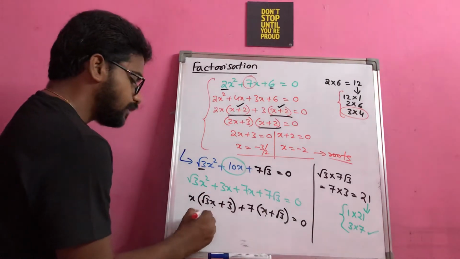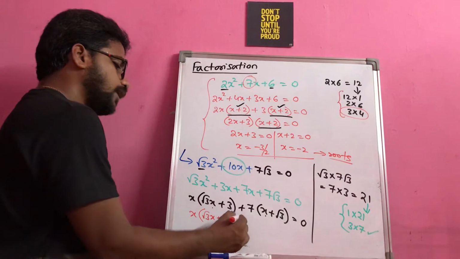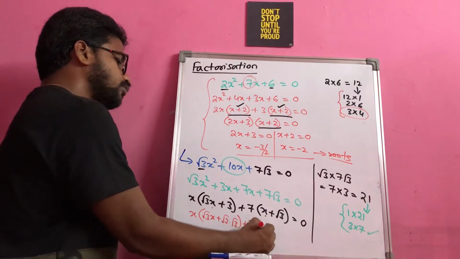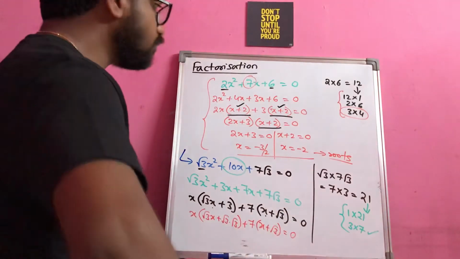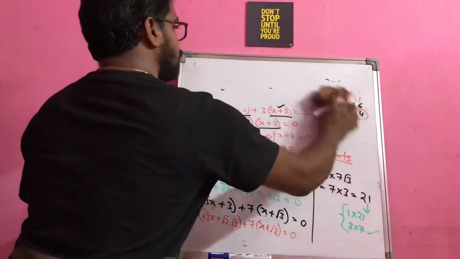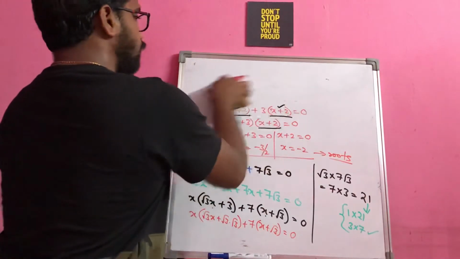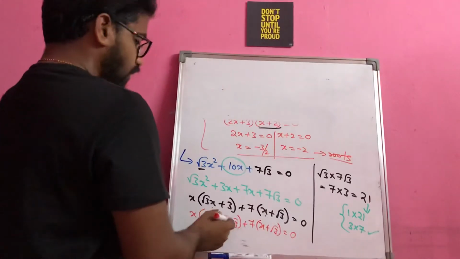So this 3 can be written as root 3 into root 3, plus 7 into x plus root 3 is equal to 0. Now do the further simplification here. You can observe one small thing. Inside the bracket you can take root 3 as common.